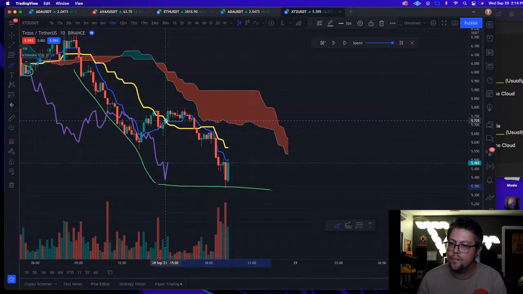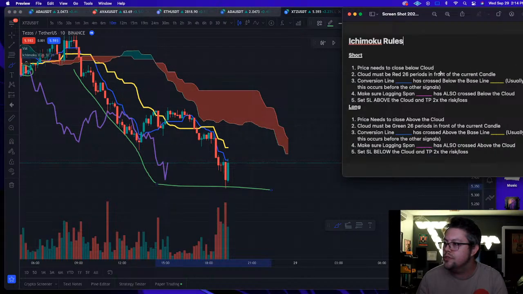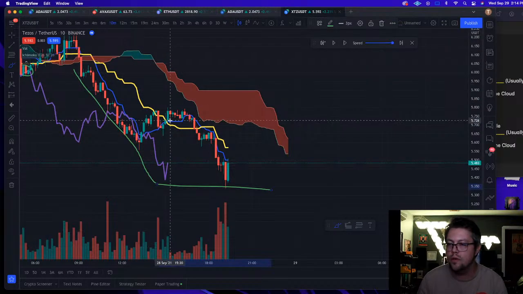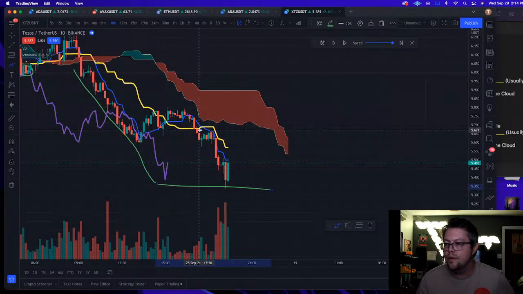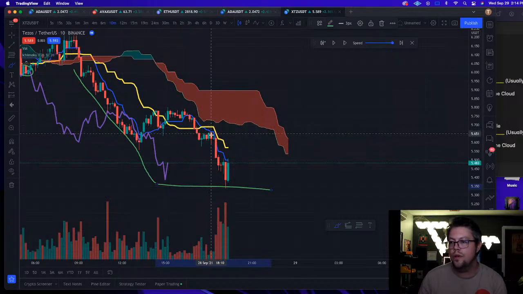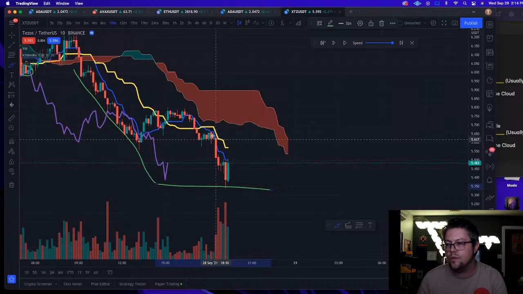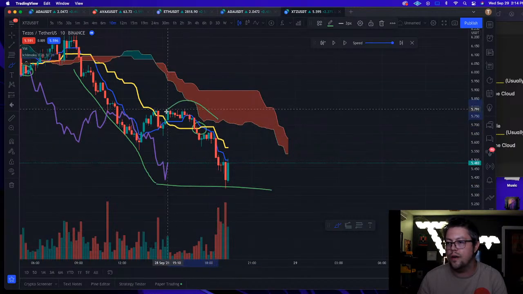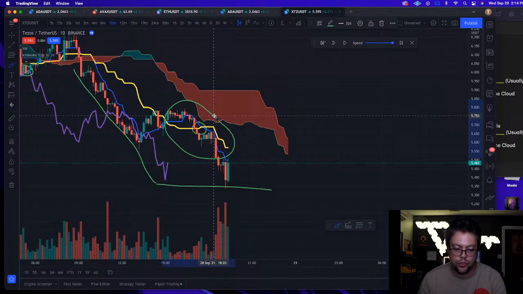We've got our blue line, which our rules say the conversion line has crossed below the baseline. If our blue line is riding below the yellow line, then we are in short mode. So we're in short mode going down. Technically right here, this is a short indicator. Our prices are under the clouds, so clearly a short indicator.